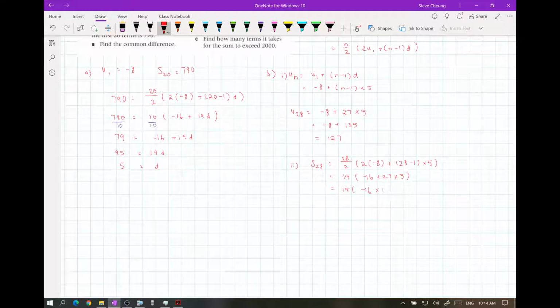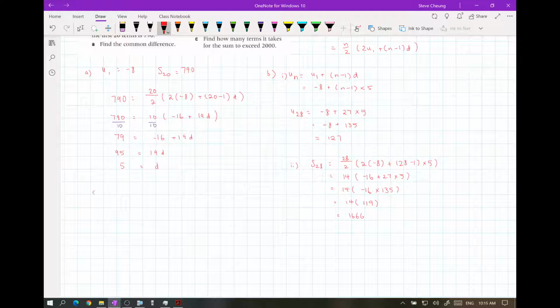You can just put all this in the calculator if this is not a paper 1 type of question. I'm horrible at this. 120 times 14 will be 1680, minus 14 will be 1666.